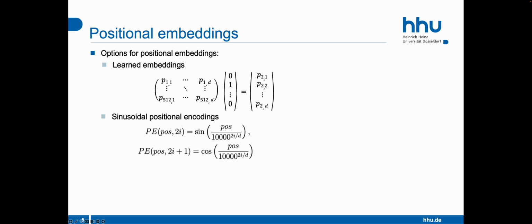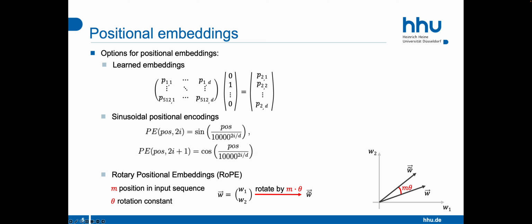And another potential option is using rotary positional embeddings, or short RoPE. The broad idea of this is that instead of using some kind of positional embeddings that we add to the token embeddings, we rotate the token embeddings by a certain degree. And how much we rotate the token embedding depends on the position.